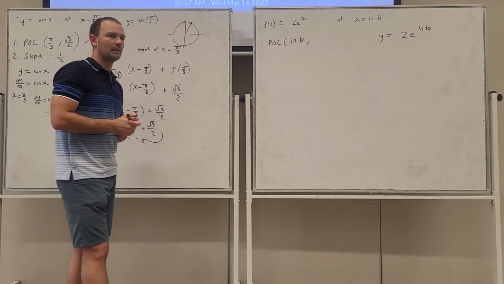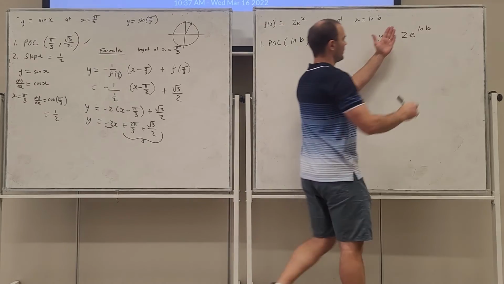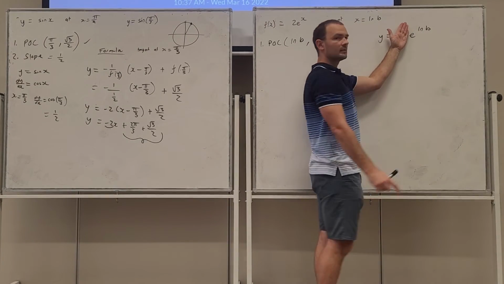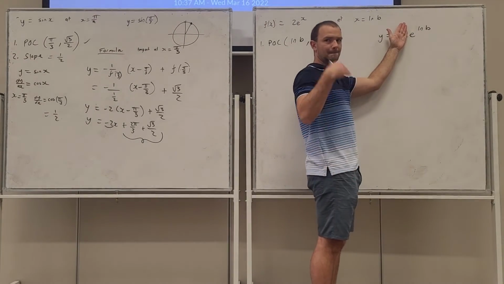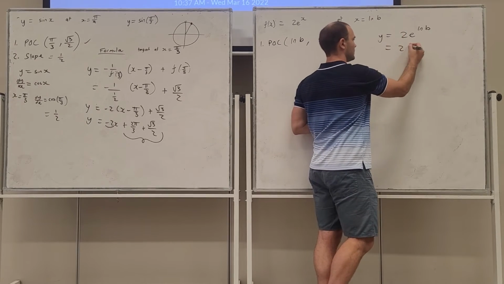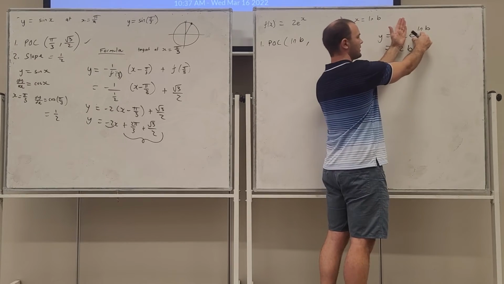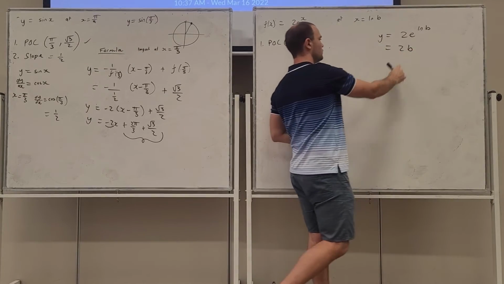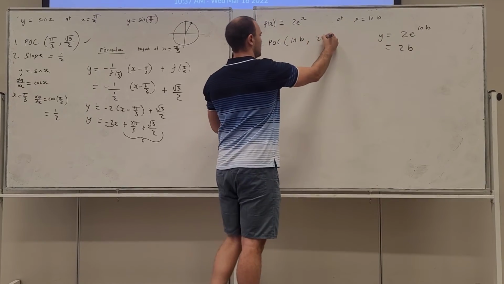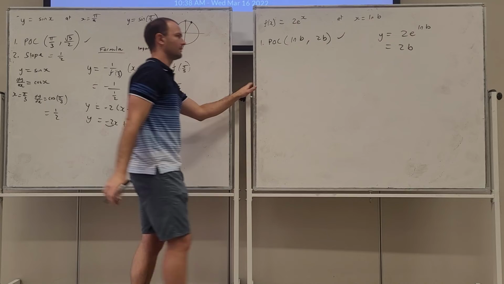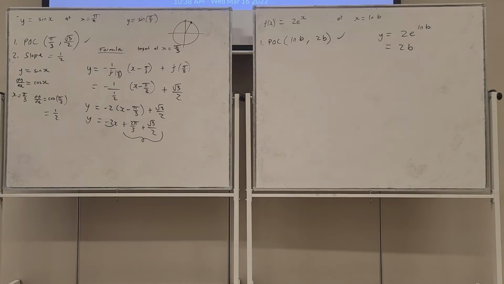Well, e to the ln(b) simplifies to b. Remember e and ln are going to cancel each other. So here we've got 2b. So we have our point of contact. We've got x is ln(b), y is 2b.